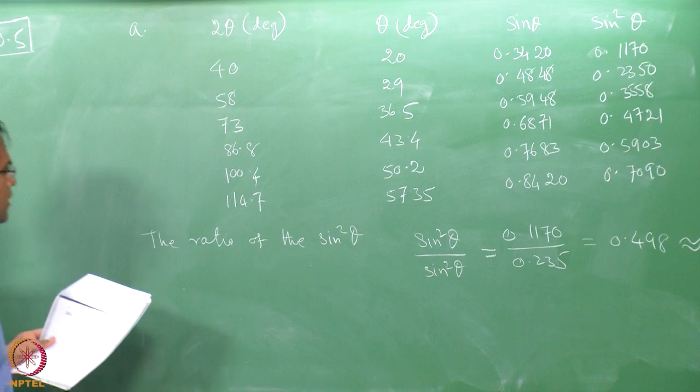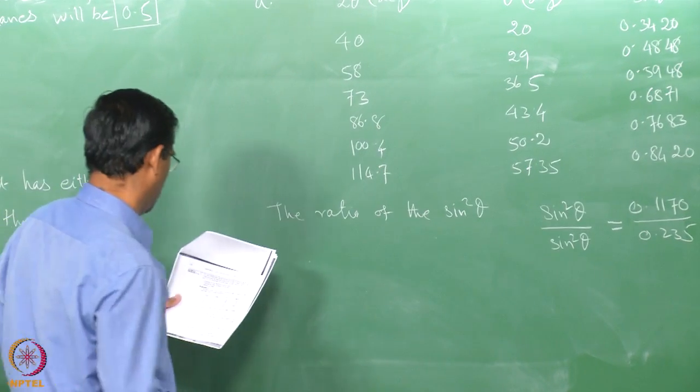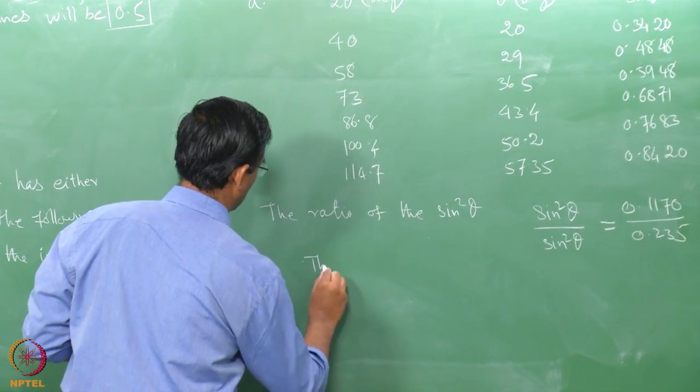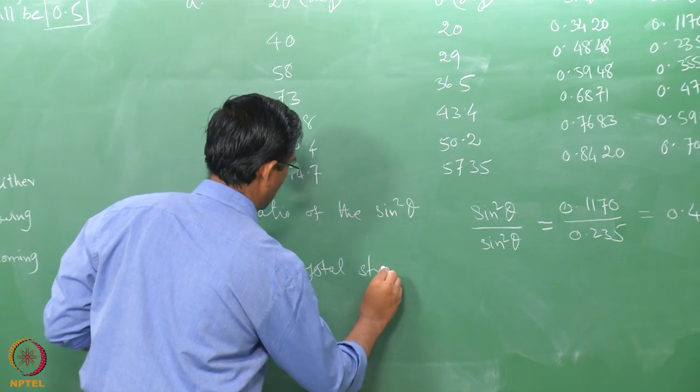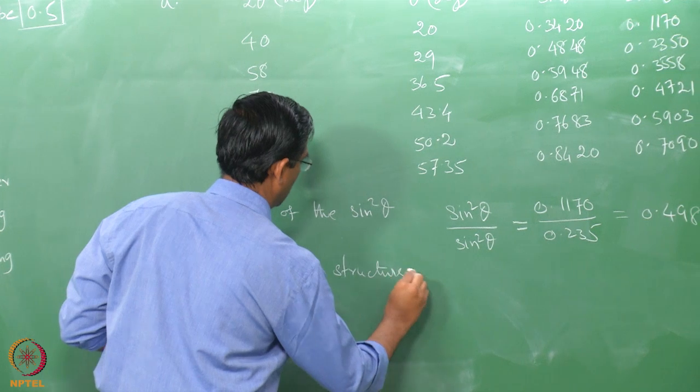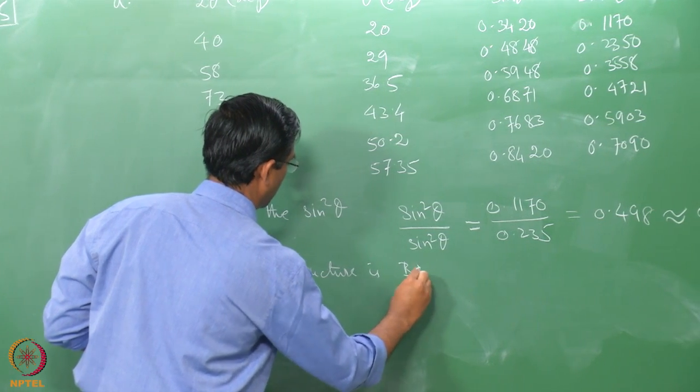So, since it is 0.5, the crystal structure is BCC.